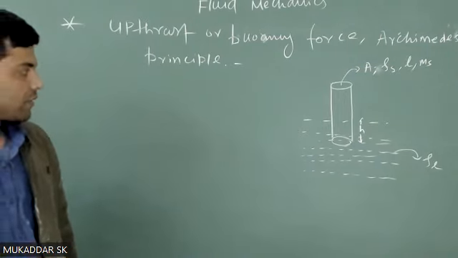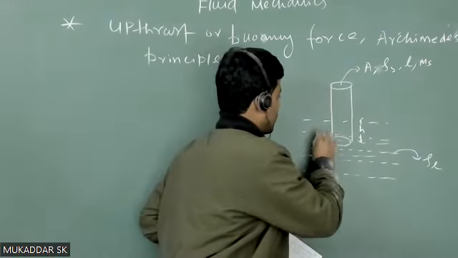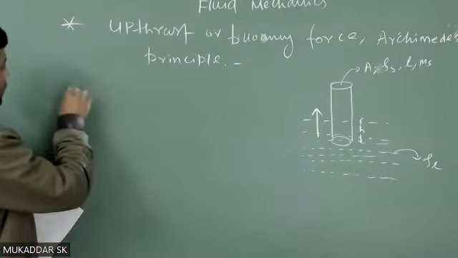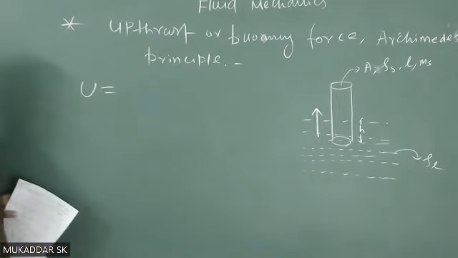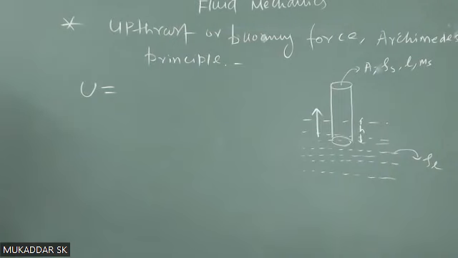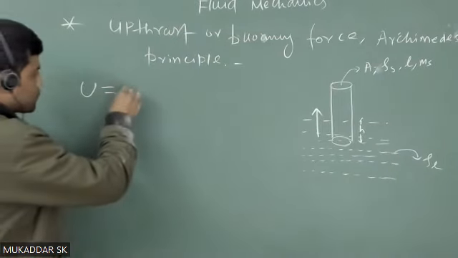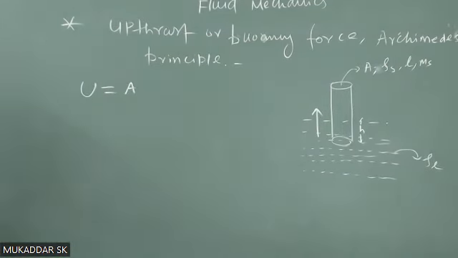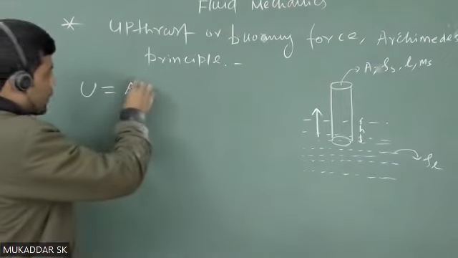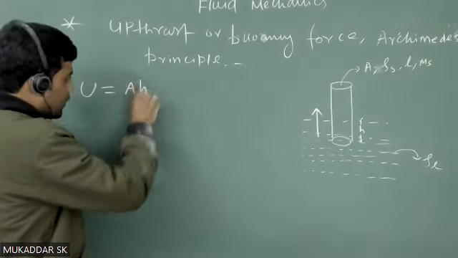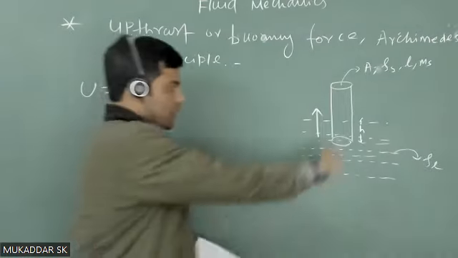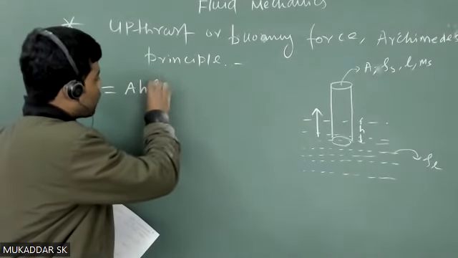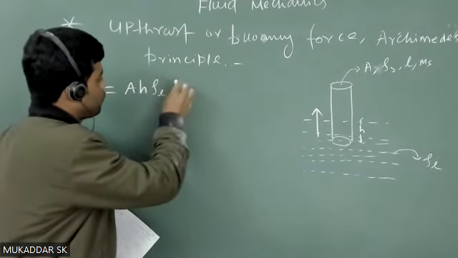There is a force acting opposite to gravity, and that force is called the upthrust force U. That will be A, the area of cross section of the solid, into h, the height of the solid submerged inside the liquid, into the density of liquid rho L, into g.